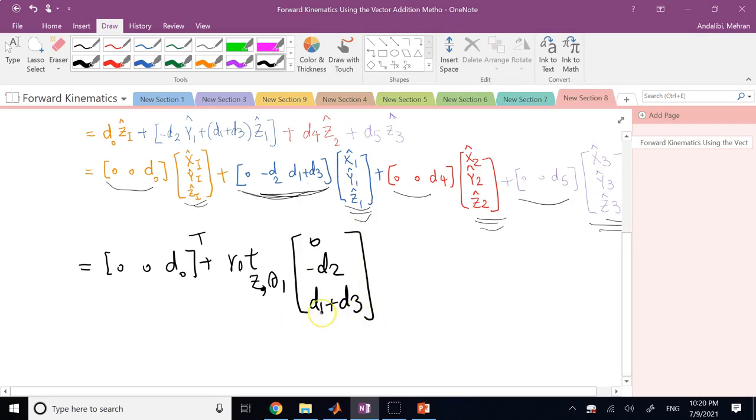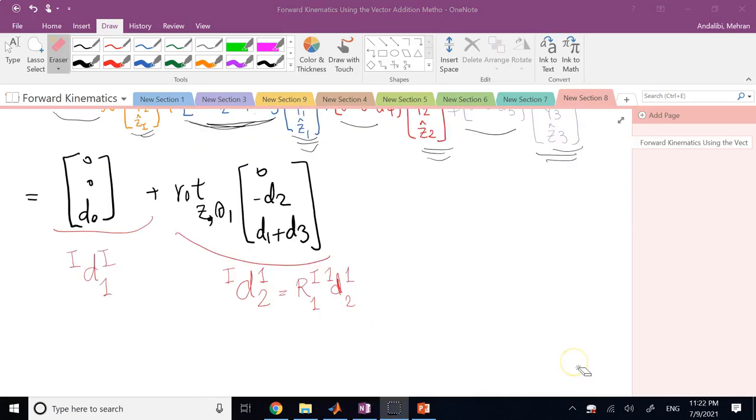This is now going to be exactly what I need. This is d of 2 with respect to 1 projected back into I, correct? Which is r of 1 with respect to I times d of 2 with respect to 1 written in 1. Okay, so now we can go to the third term here.